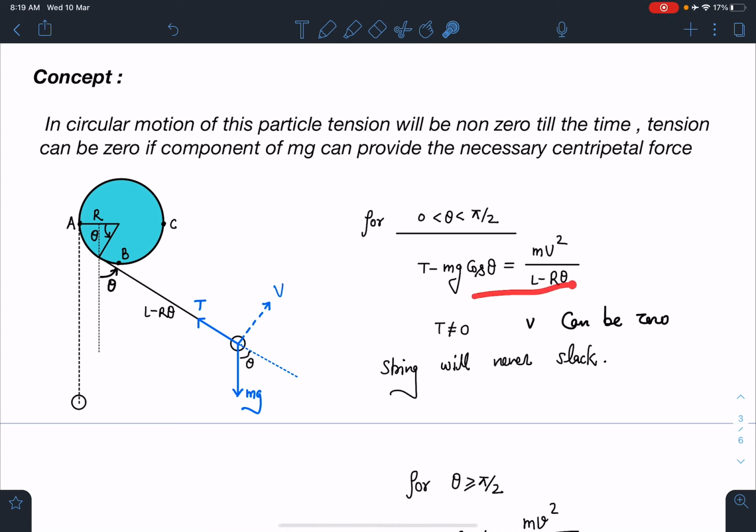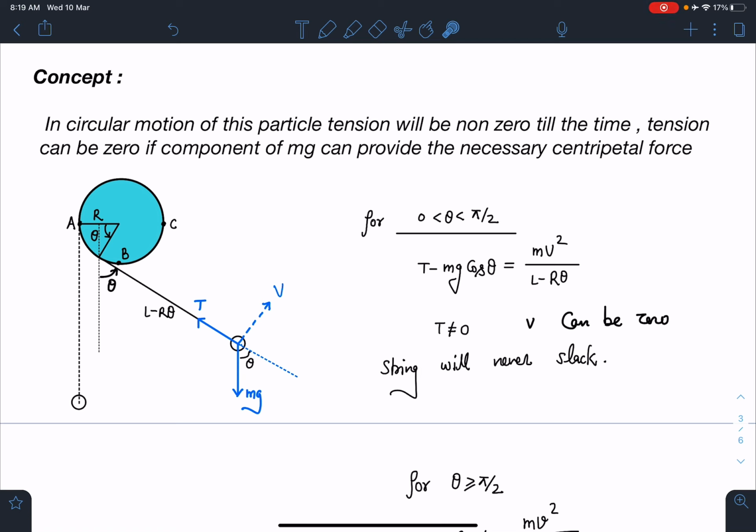Tension will always be non-zero, and this is quite similar to the results we have done in vertical circular motion. As long as theta is between 0 and pi by 2, that means from here to here, till the time this thread reaches here, it can never slack. Tension will always be non-zero.